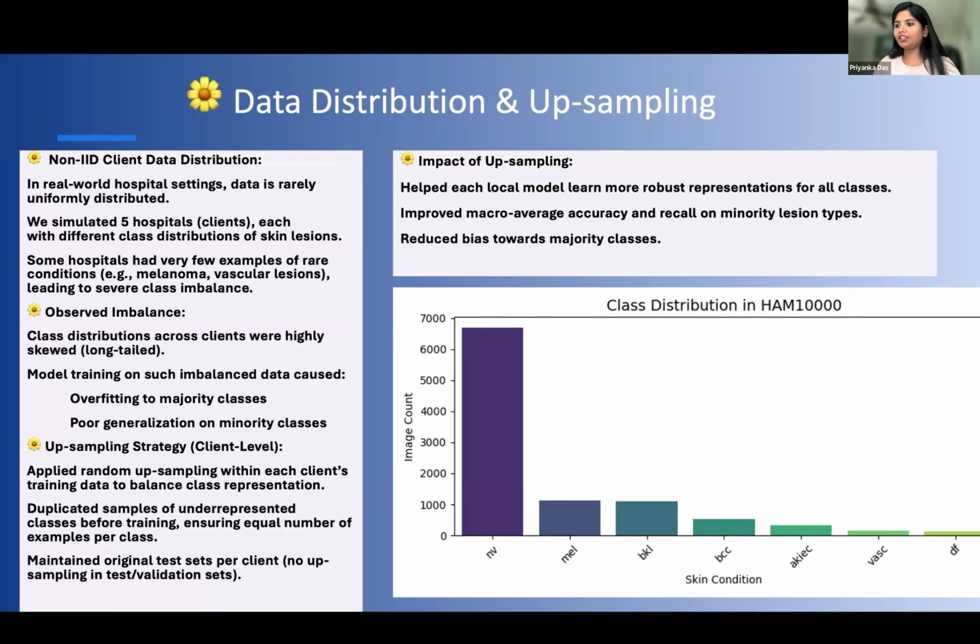Importantly, I left the validation and test sets untouched to preserve a realistic evaluation scenario. Upsampling had a significant impact. It improved the model's ability to learn features for all classes, especially the rare ones. It also boosted performance, like accuracy, and helped reduce bias towards the dominant classes.